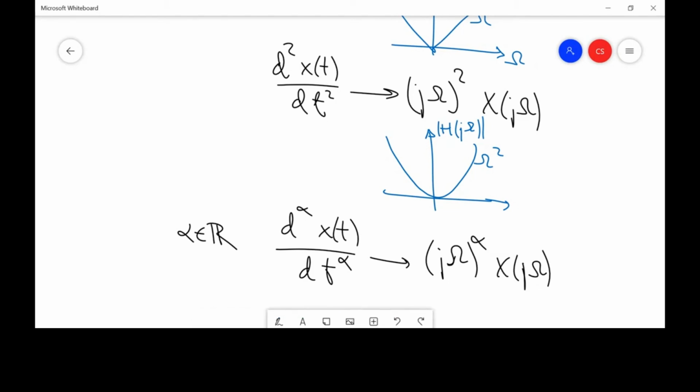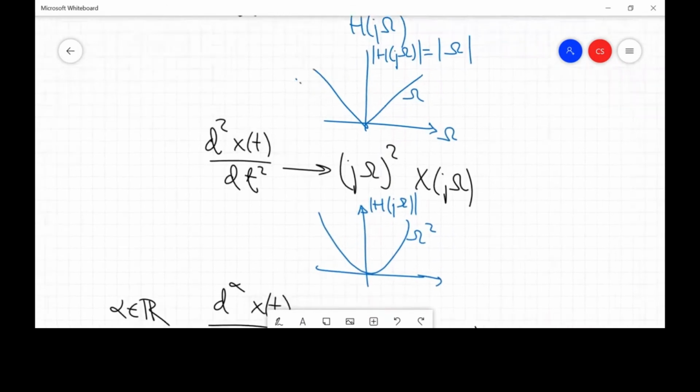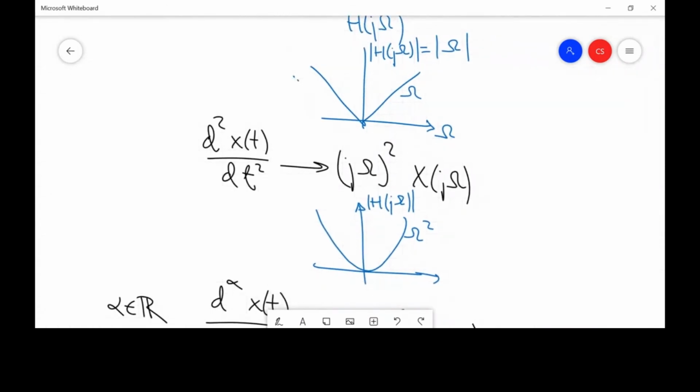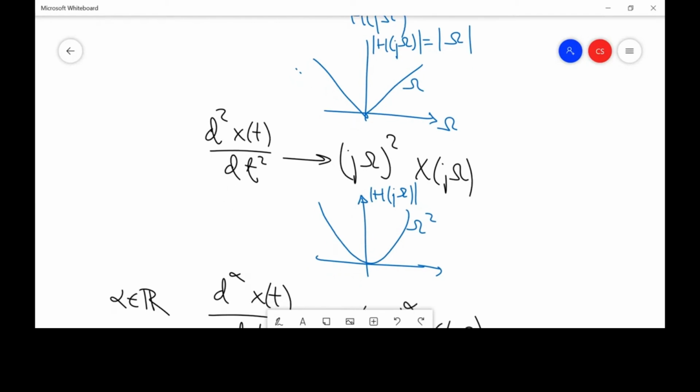But in general, edge detectors, high-pass filters and derivatives are all related. It is just removing the low frequencies and boosting the high frequencies, and we can do that in our Fourier transform.